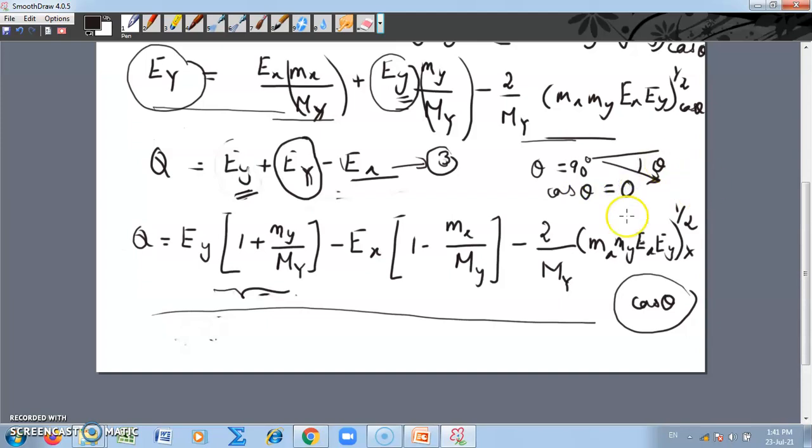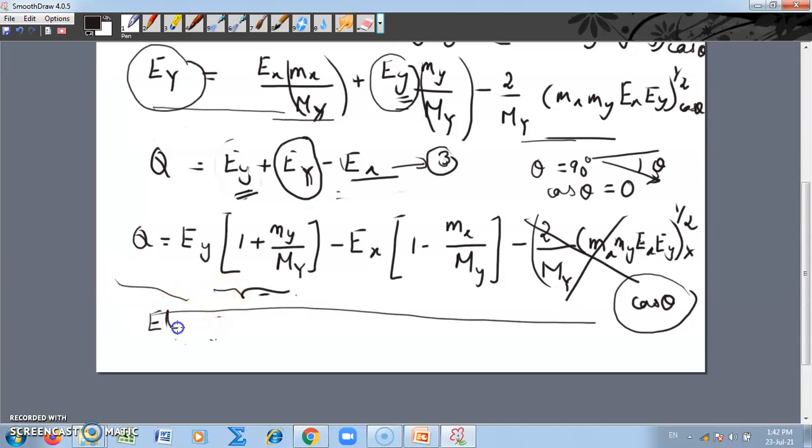So cos theta equal to 0 means we won't be having this term, and it will just be this much. So in case the outcoming particle comes out at 90 degrees, the expression gets reduced to this one.